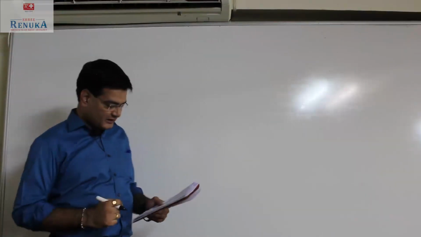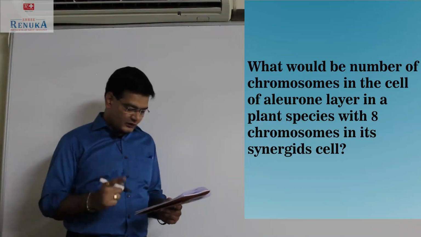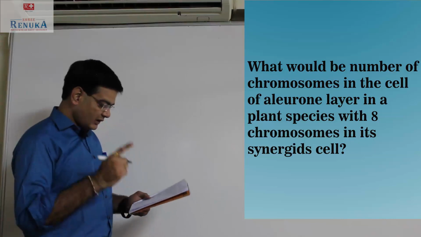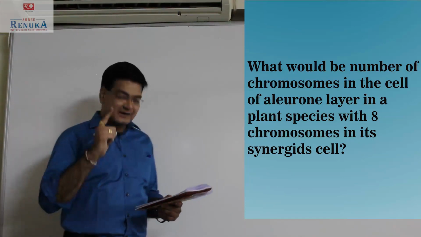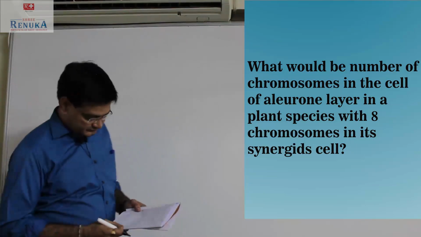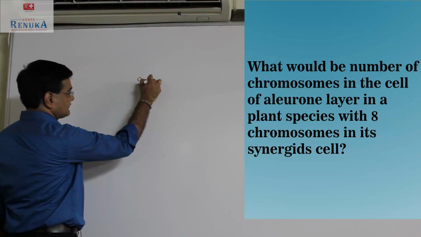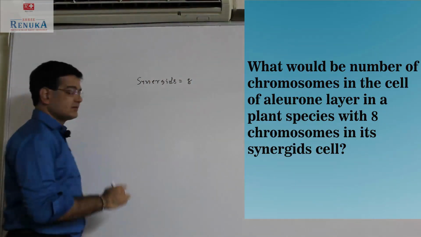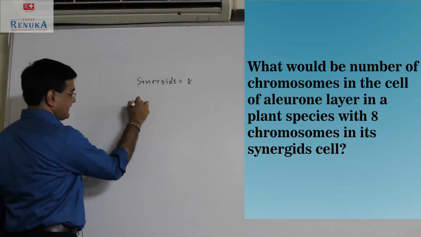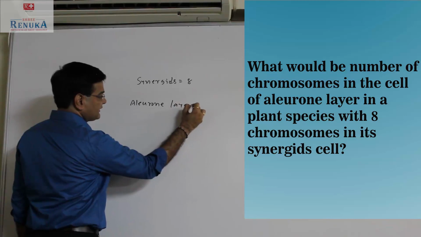Next question, students. Question is, what would be the number of chromosomes in the cells of aleurone layer in a plant species with 8 chromosomes in its synergids? Now in this question, synergids contain 8 chromosomes is given, and again we are asked number of chromosomes in aleurone layer.